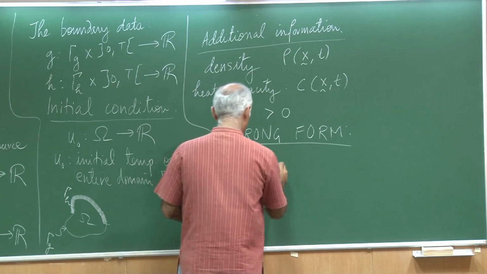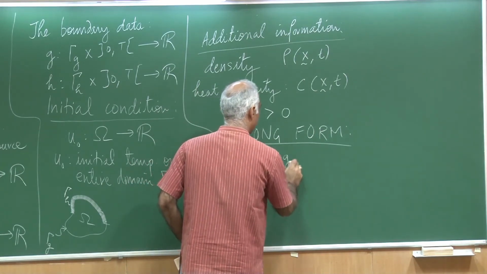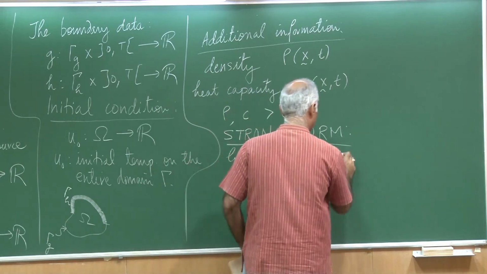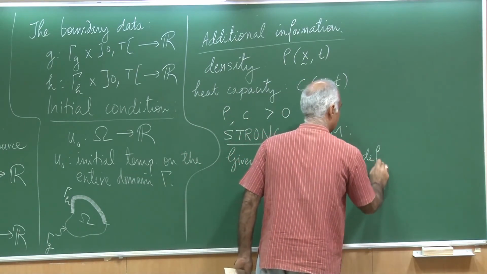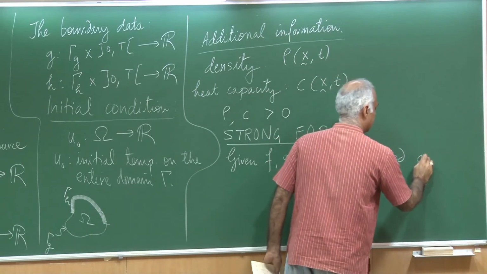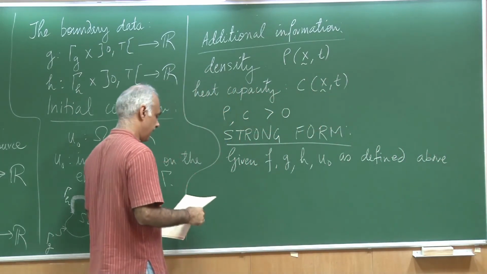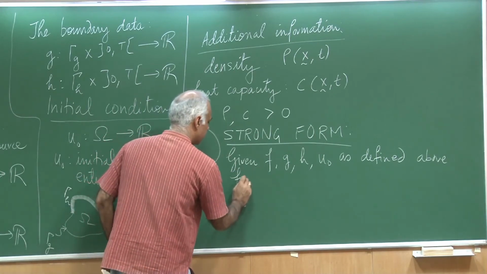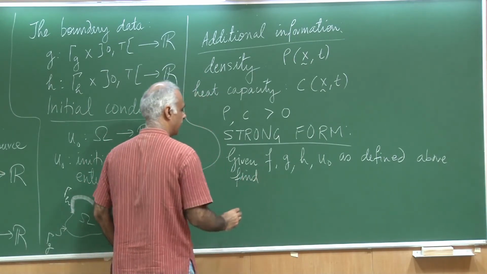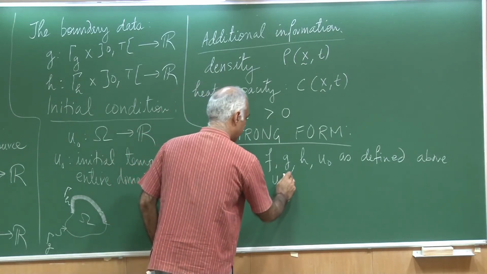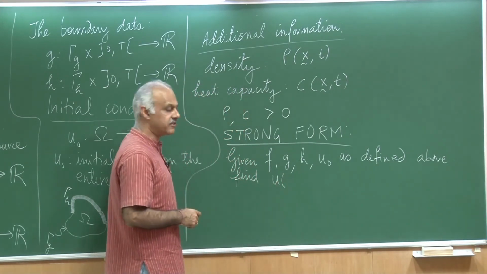Given f, g, h, u naught as defined above, I am supposed to find a field u, and this field u is a scalar field, it is a temperature field.